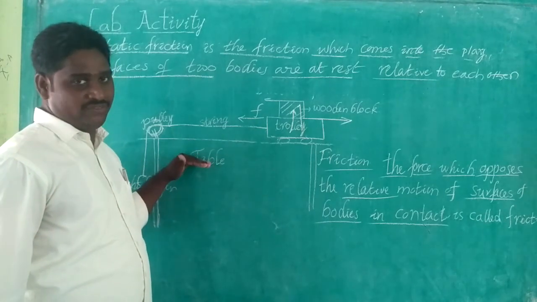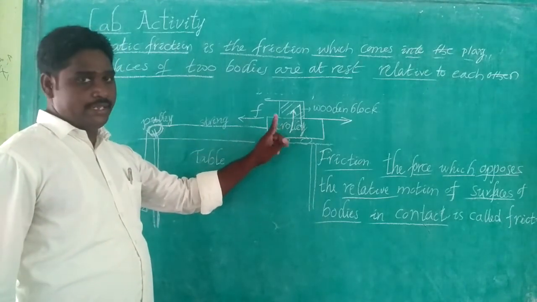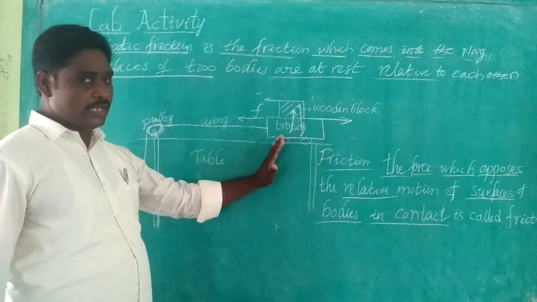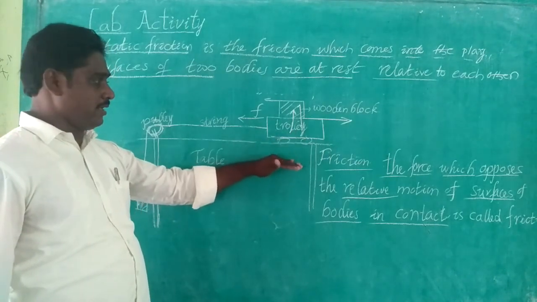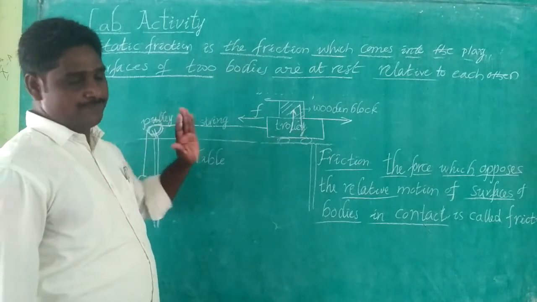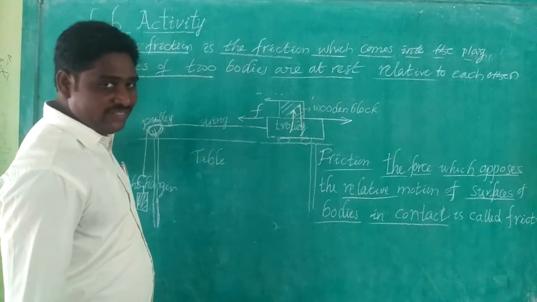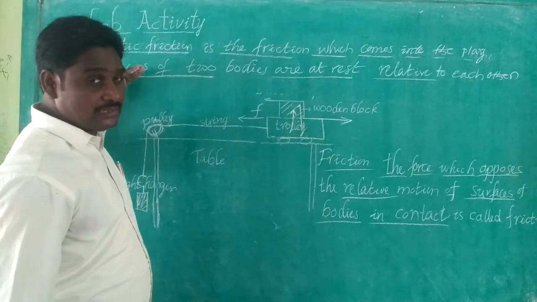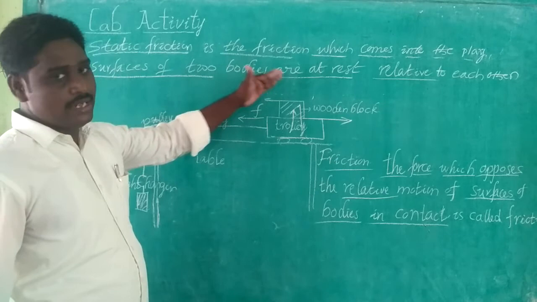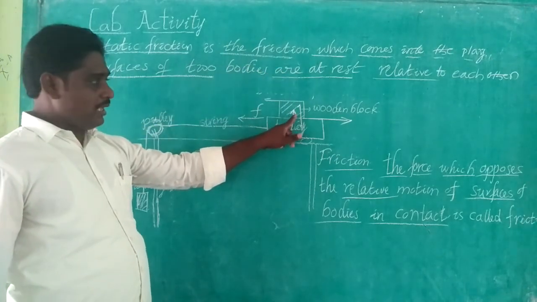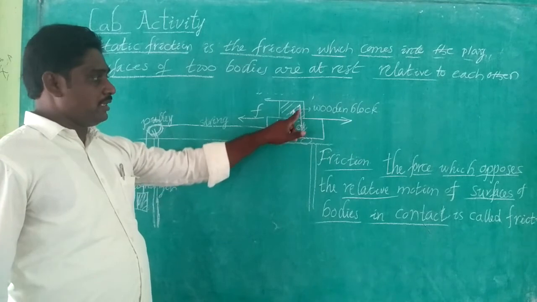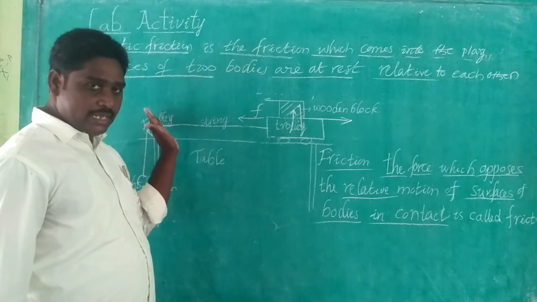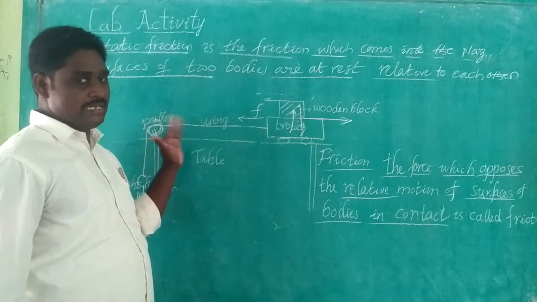Here, the trolley is in motion with respect to the table, so sliding friction exists between the trolley and the table. Static friction means the surfaces of two objects are at rest relative to each other, like the wooden plank and the trolley. The wooden plank is at rest on the trolley up to a certain limiting acceleration or limiting weight.